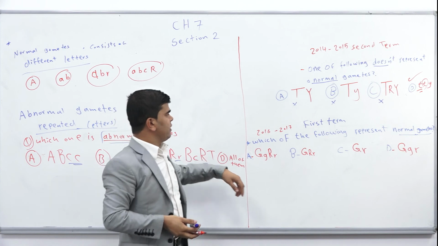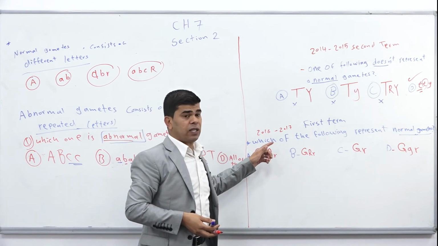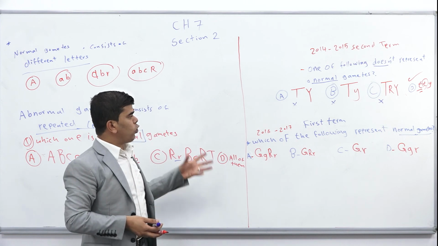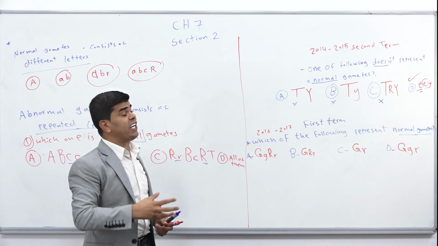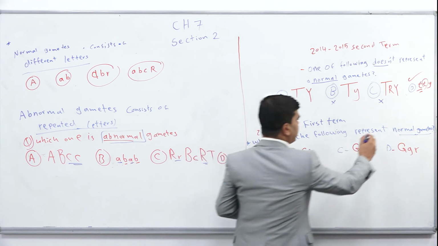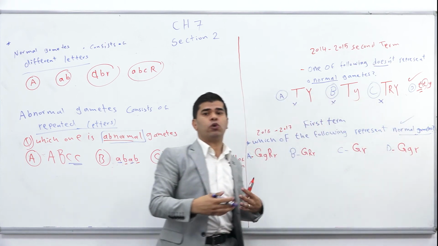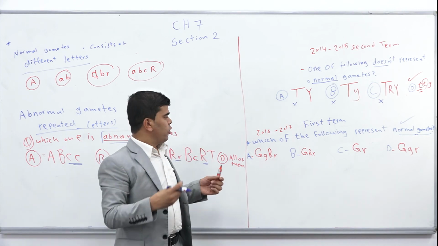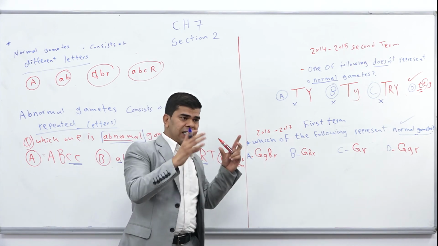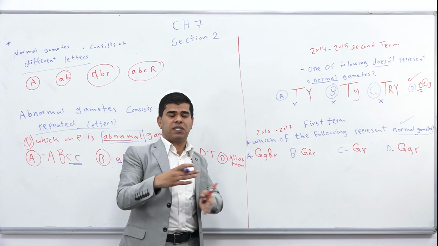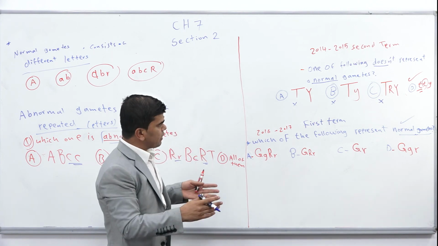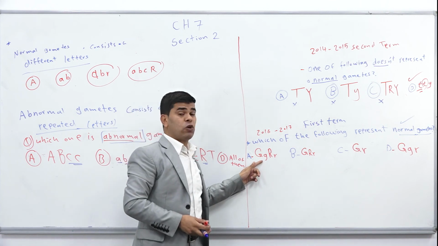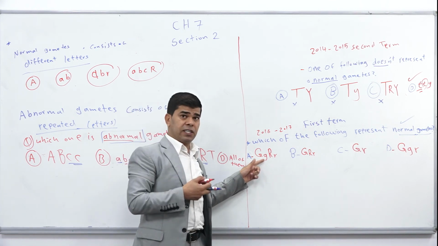Another question in 2015 and 2017, first term, said, which of the following represents a normal gamete? This question says find the normal gamete. Which one is normal? Normal is a gamete without a repeated letter. For example, is this one normal?